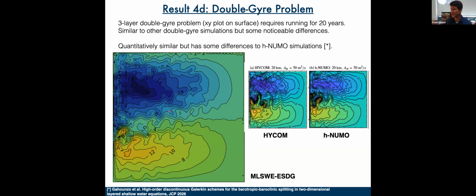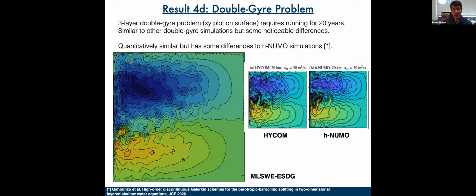But there's no viscosity. And we compare it against the Navy's ocean operational model called HYCOM that has artificial viscosity, and the other DG code that also has artificial viscosity. And so there's no great match between HYCOM and this other DG code, but we are seeing that we're getting some structures that look similar, but they're not the same, right?